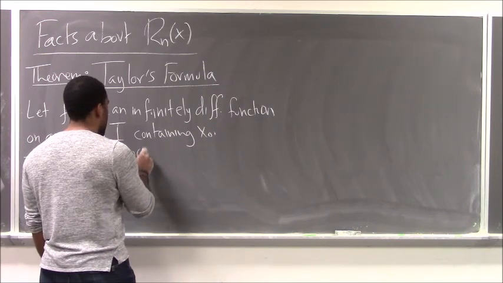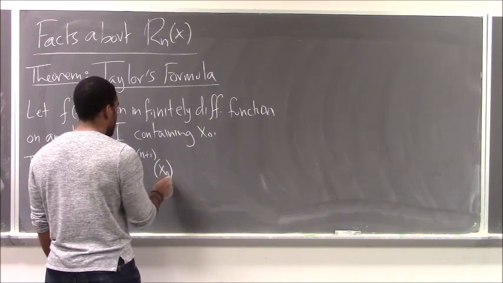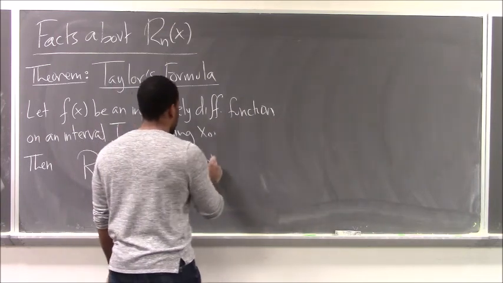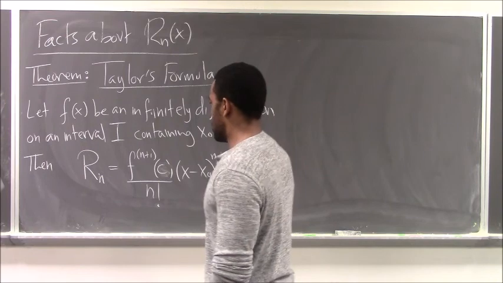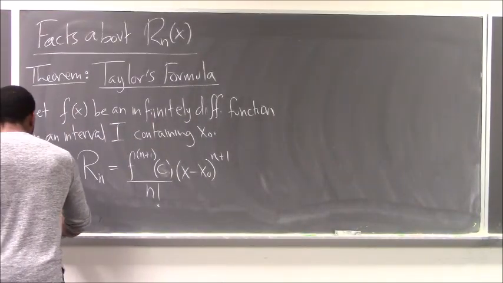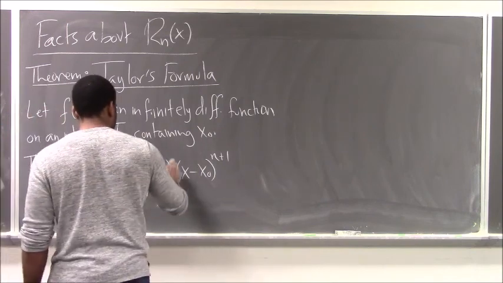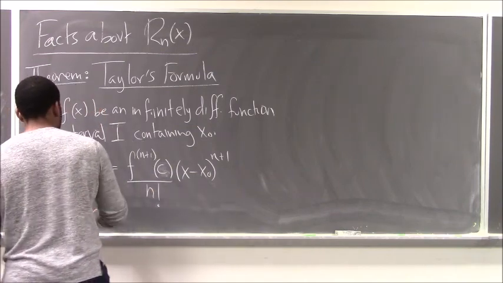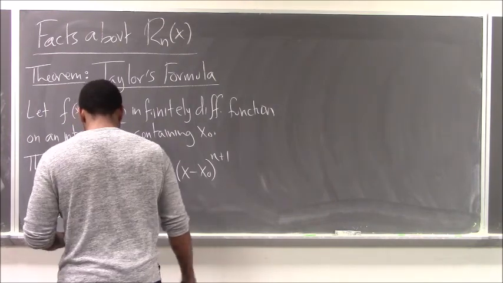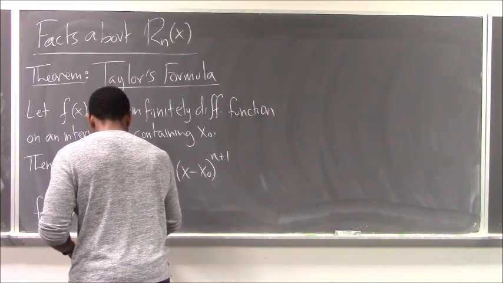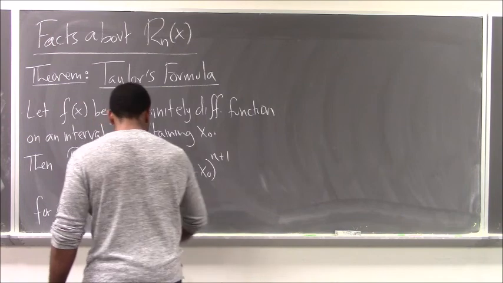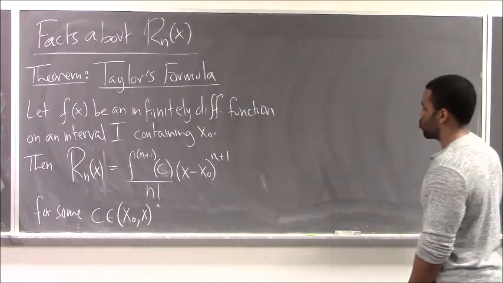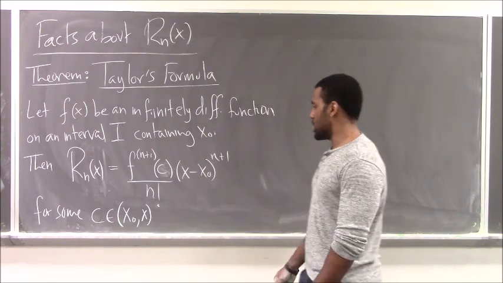We can get it to look like f to the n plus first derivative evaluated at some number c, times x minus x naught to the n plus 1, for some c in the interval. So essentially c is someone close to x.